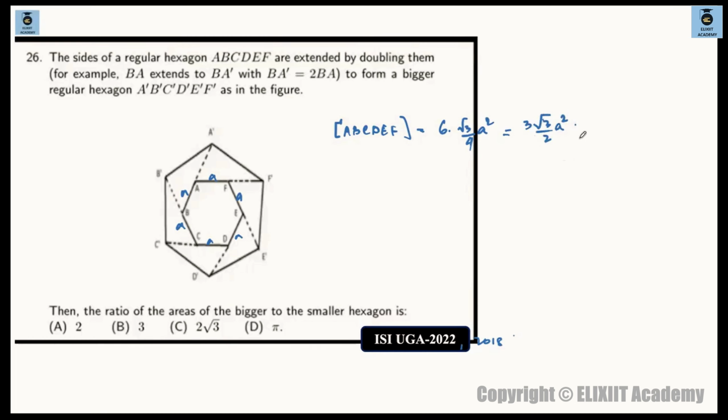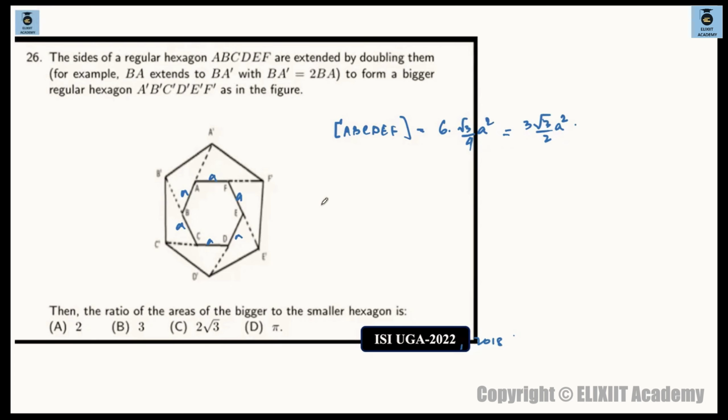Many students remember this version of the formula, 3 root 3 divided by 2 a square. So directly 6 times root 3 by 4 a square. That's how we normally remember. So this is the area of the smaller hexagon ABCDEF.